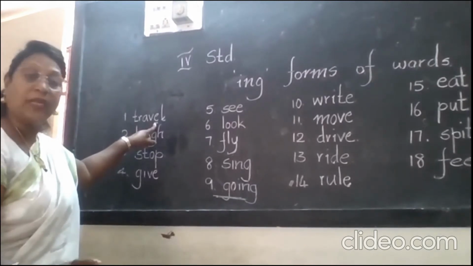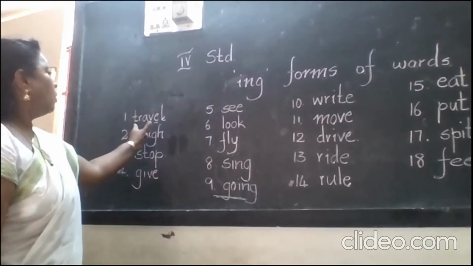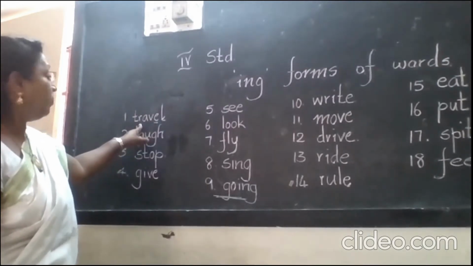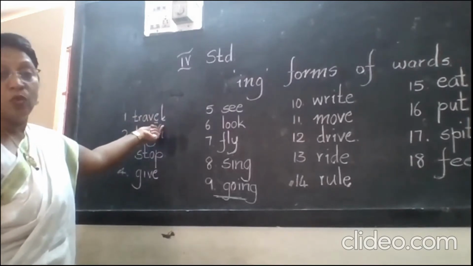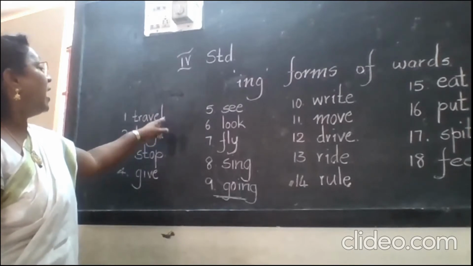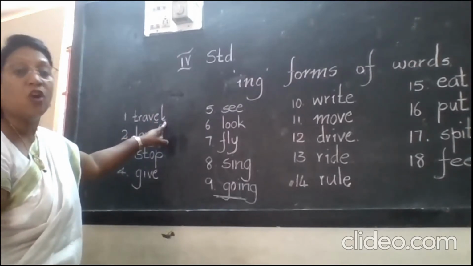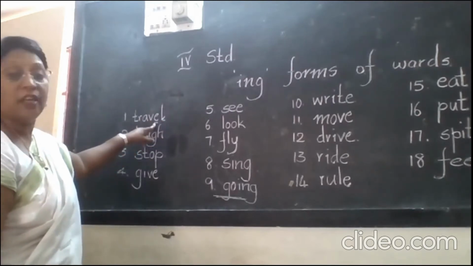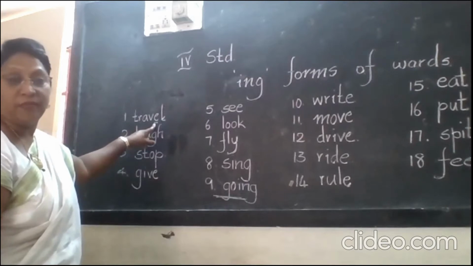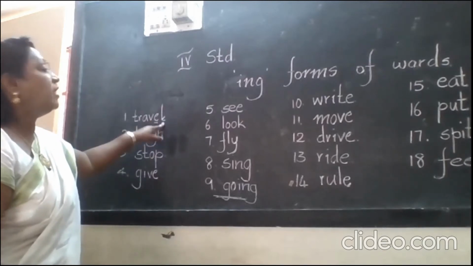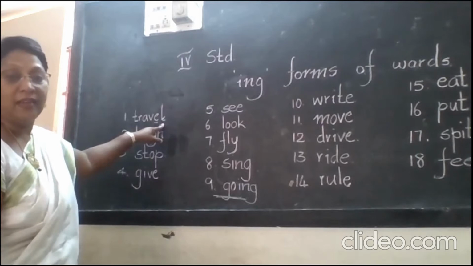Watch me, children, it's very interesting. You look at the word carefully. Once you watch the word carefully, check the last two letters. If the last letter is a consonant, and before the consonant you have a vowel, then all that you have to do is repeat this consonant again.